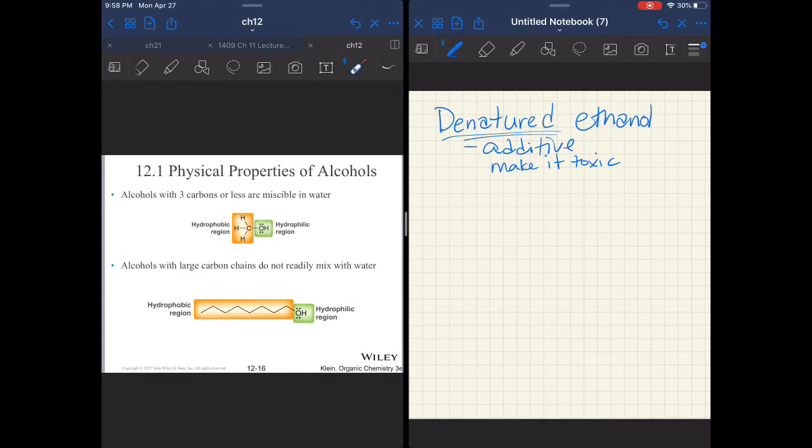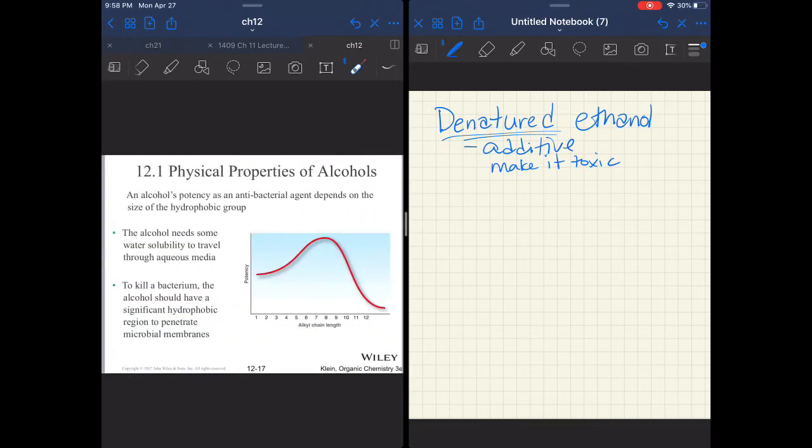The smallest alcohols are actually going to be miscible with water. Methanol, ethanol, propanol are all pretty easily mixed with water. As you start to get longer and longer carbon chains, then it becomes more hydrophobic than hydrophilic, and it won't mix with water, so it just depends on the alcohol you're using.